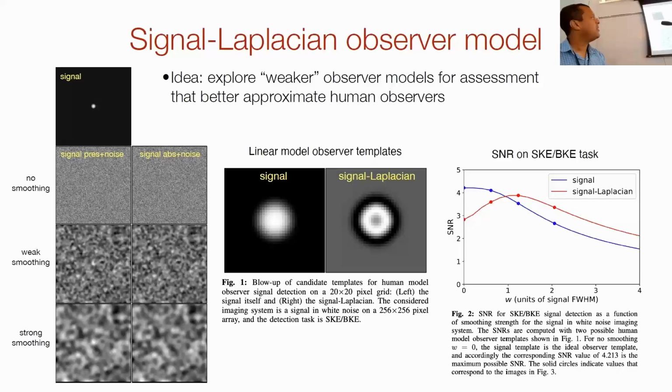And you can see that the ideal observer is telling you not to do blurring. In other words, use the image at the top row, all right? But the signal-Laplacian is not saying that one's the best one. Instead, we should do a little bit of blurring. So this is just to motivate the observer, and it sort of agrees with what you see here, or at least I think it does.